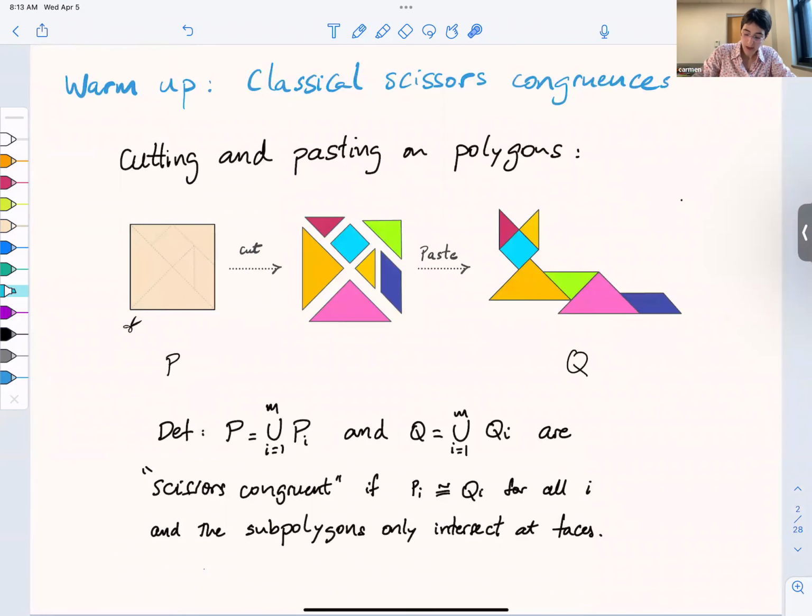Essentially, when you cut a polygon, you get little subpolygons, and they are objects of the same nature as the original polygon. It's a polygon, it has its boundary. This is a little polygon, also has its boundary.